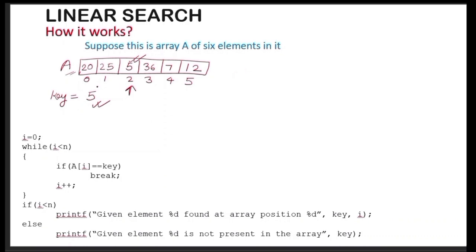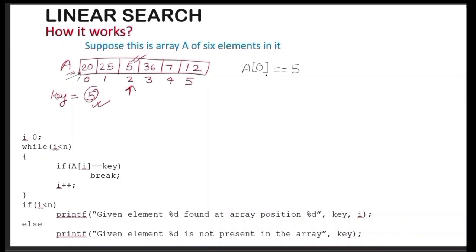First, since we have to search for 5 in the array A, your key element 5 is compared with the first element of array A. That is, A of 0 is compared with your key element, that is 5.